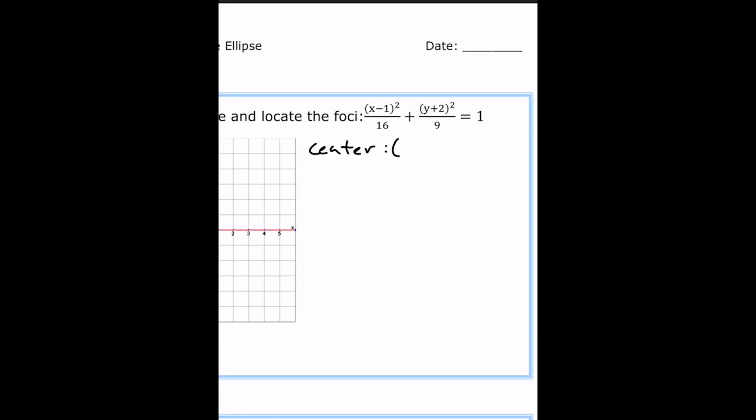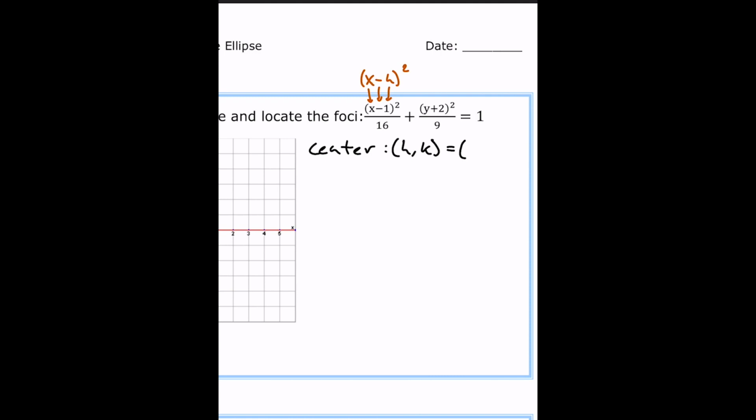The center is located, we were just saying, at h comma k. And in this case, what's my h value? Well, as we saw on the previous page, this numerator should say x minus h quantity squared. I see the x value, I see the minus sign. Looks like my h value is a positive 1, just from matching up the pieces.